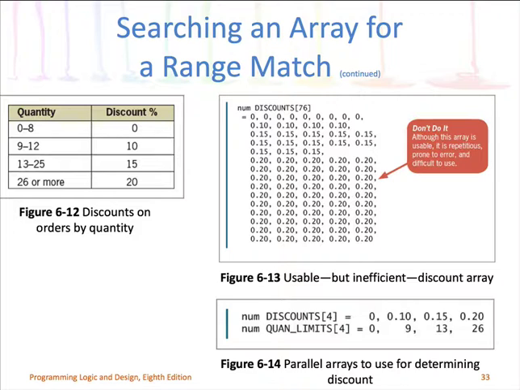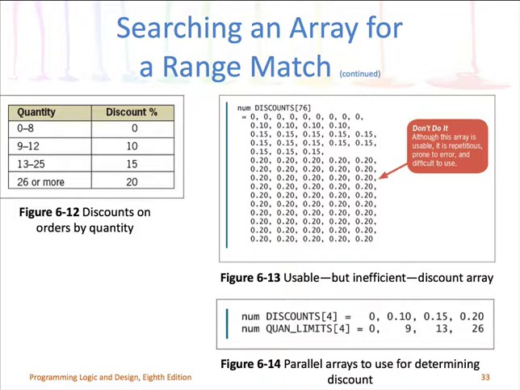They've given you a quantity ordered versus discount received, and they've created a 76 element array and put all these values in it. Now what we would really like to do is have 2 arrays. In the discount array we would put what the discounts were, and then we would put the maximum number of items ordered for you to receive that discount.